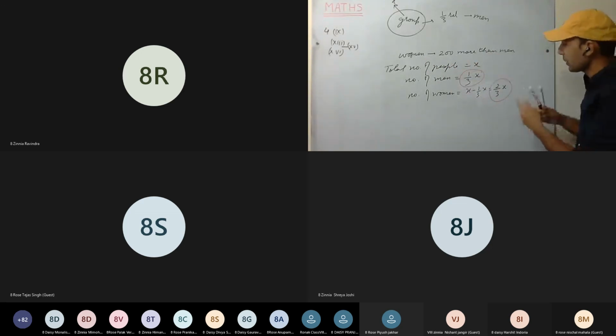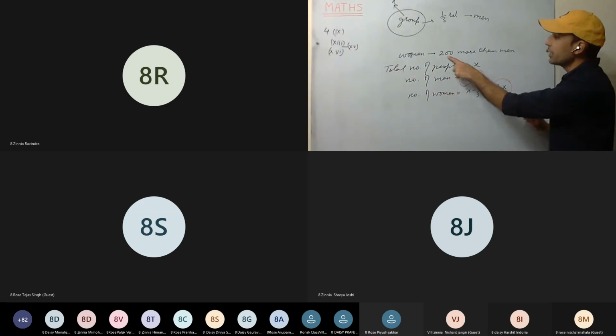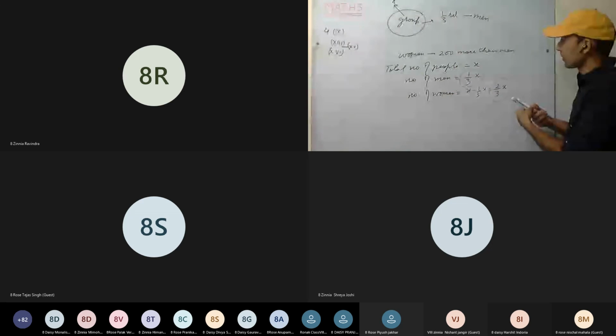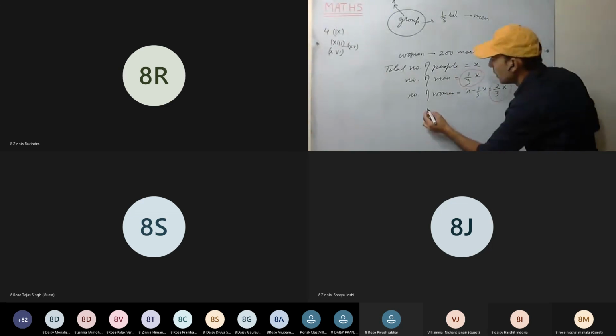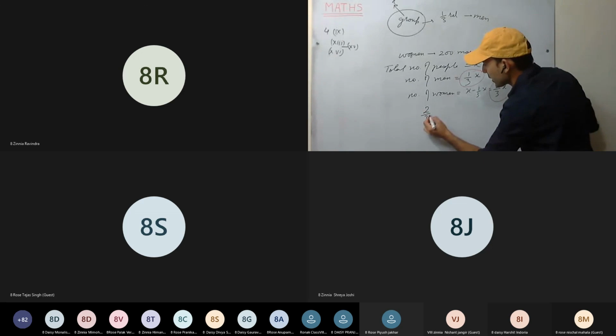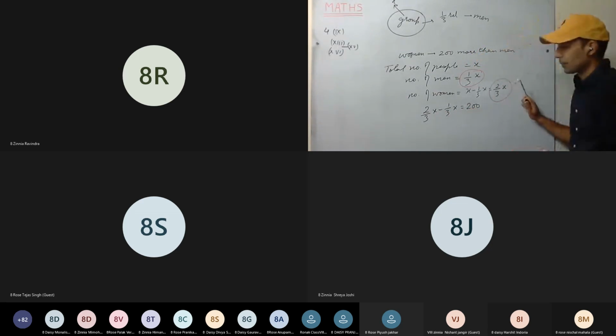So if we separate men from women, we will get 200. One way is to write like this: 2/3x minus 1/3x equal to 200.